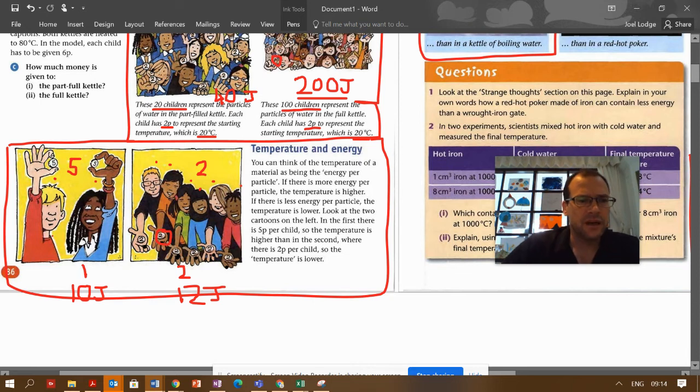Okay? So even though picture 1 is the higher temperature, picture 2 actually contains more energy. So this is a great example to get into your books as well. You're thinking about temperature and energy in terms of the amount of energy each particle contains. Okay, I'm going to stop the video there.